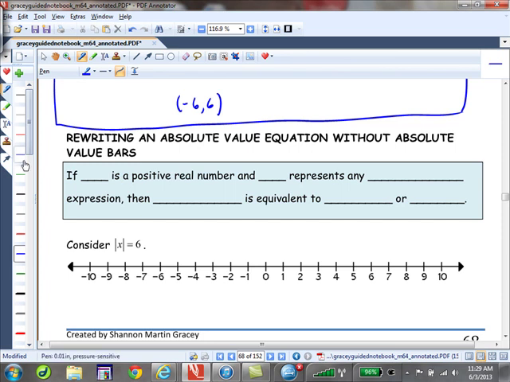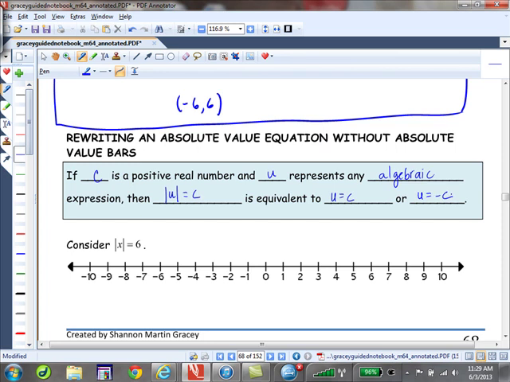How would one rewrite an absolute value equation without absolute value bars? If c is a positive real number and u represents any algebraic expression, then absolute value of u equal to c is equivalent to u equal to c or u equal to the opposite of c, or -c.